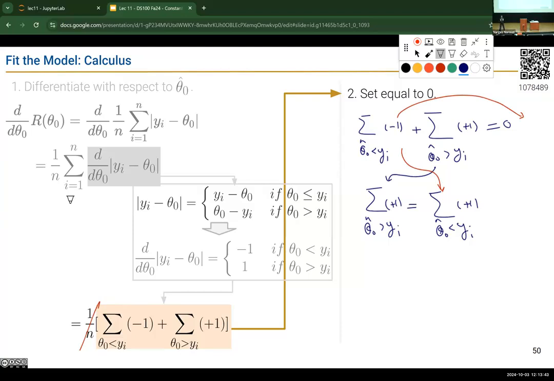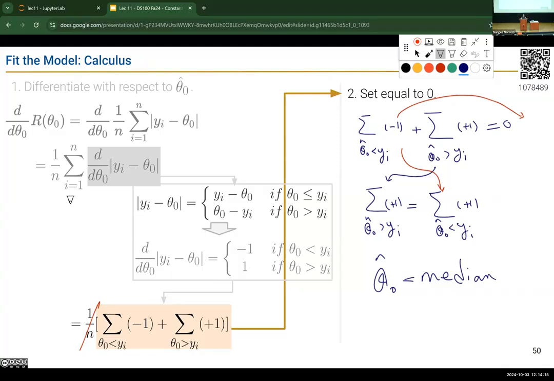It's as if I'm deciding about theta 0 and placing it somewhere that is going to divide my data set into two pieces. What kind of statistical metric or value is going to divide your data set into two equal pieces? The median is going to do that. Effectively, if my theta 0 hat is equal to the median, the number of data points that are less than that and the number of data points that are more than that are going to be equal, and that's my optimum point.